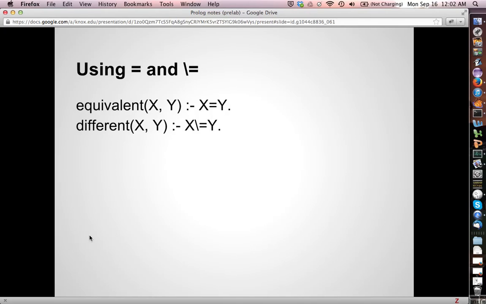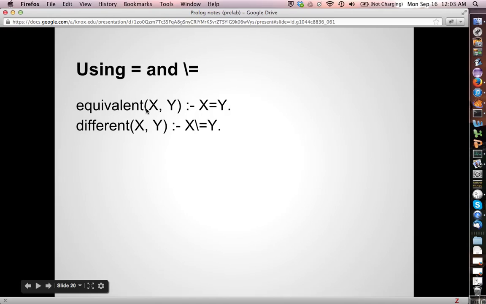So, examples of using equal and not equal: we could define an equivalent relationship of X, Y, and define that if X equals Y, using this equal sign, and the same with different X, Y, we could say if X not equal Y. And this is actually totally going to work. We can plug in any atoms we want into this equivalent.